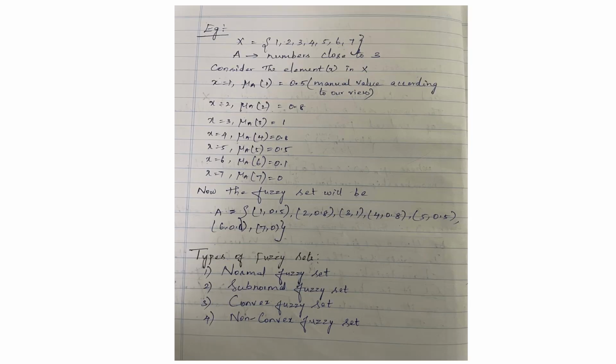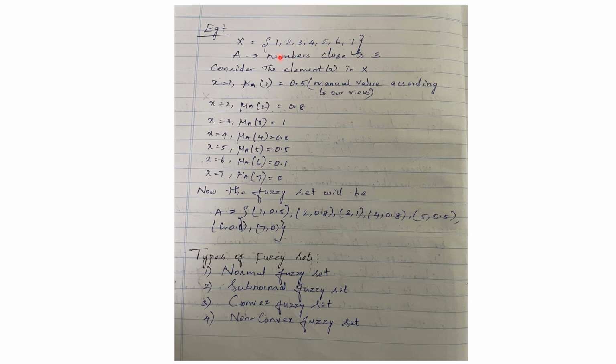Now let us see an example of how we are going to find the fuzzy set for a normal set. Capital X equal to the values 1, 2, 3, 4, 5, 6, 7. This is the set. For this set we are going to find the fuzzy set values. The condition is that we have to find the numbers close to 3.